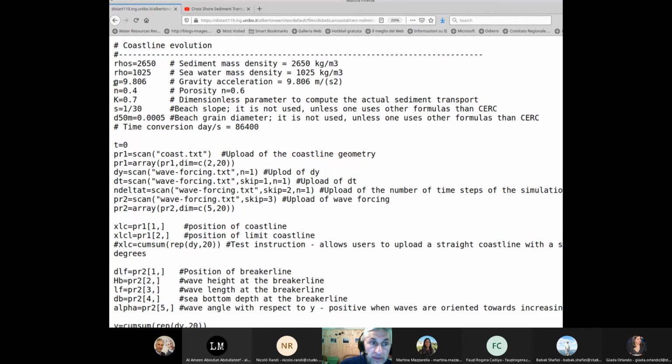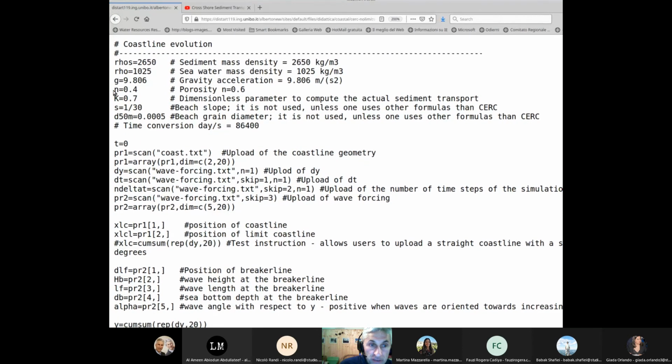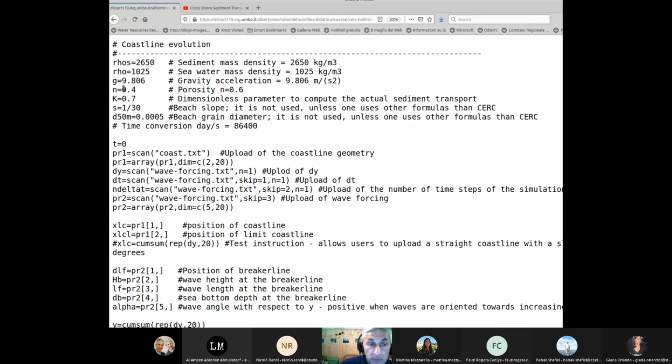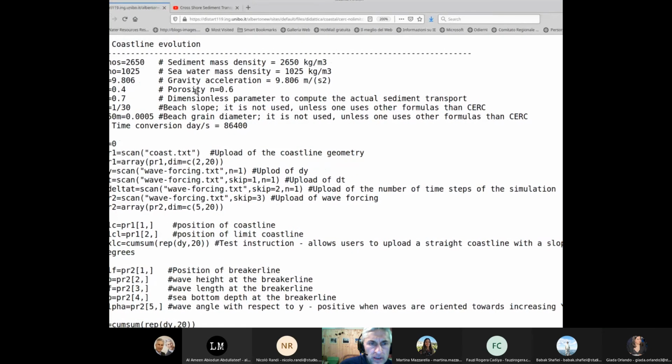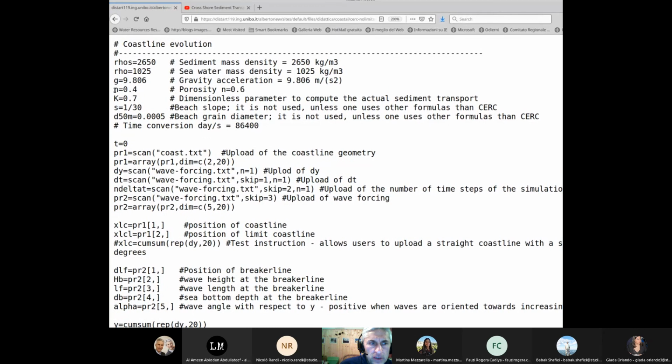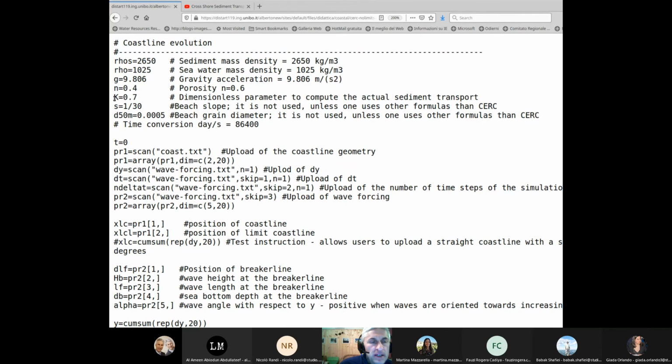Then we have the definition of the gravity acceleration. We have the definition of the porosity. And here there is a bit of a discrepancy. You see that the porosity in the comment is given a different value than in the actual definition of the variable. Let's forget about it. It's not a big problem. And then there is the definition of the parameter K, which is the empirical parameter.